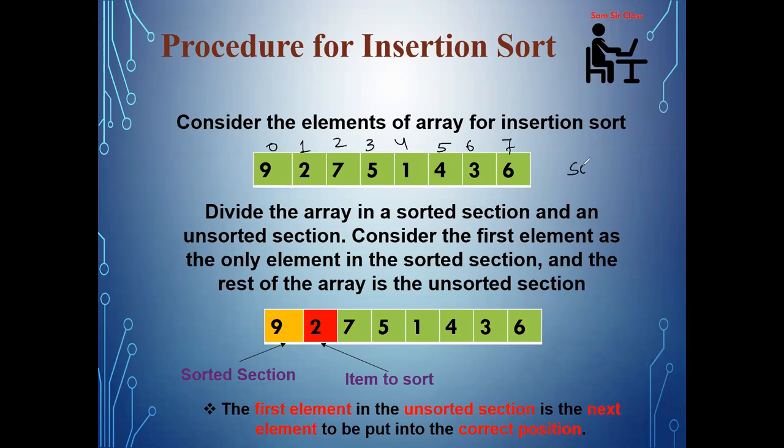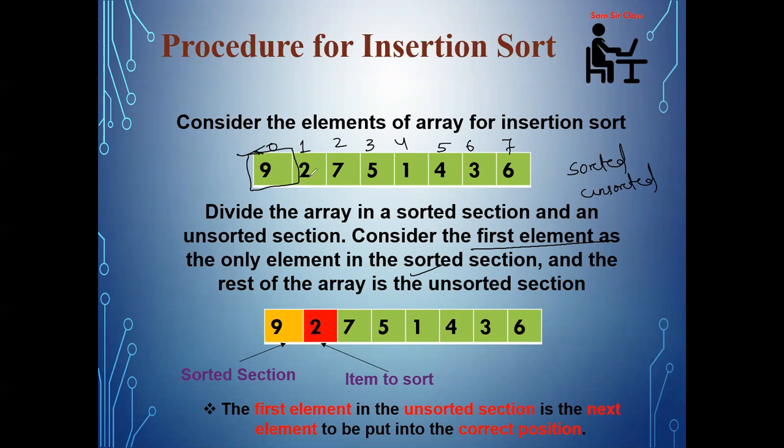Here also you have to divide the array into sorted and unsorted sections. You have to consider the first element as the only element in the sorted section. Out of the entire array, the first element is sorted and the rest of the elements are not sorted.